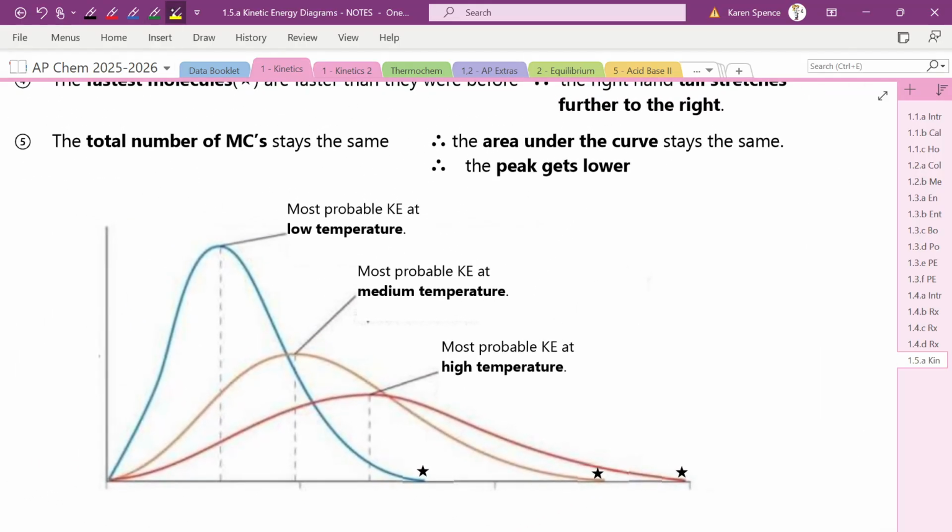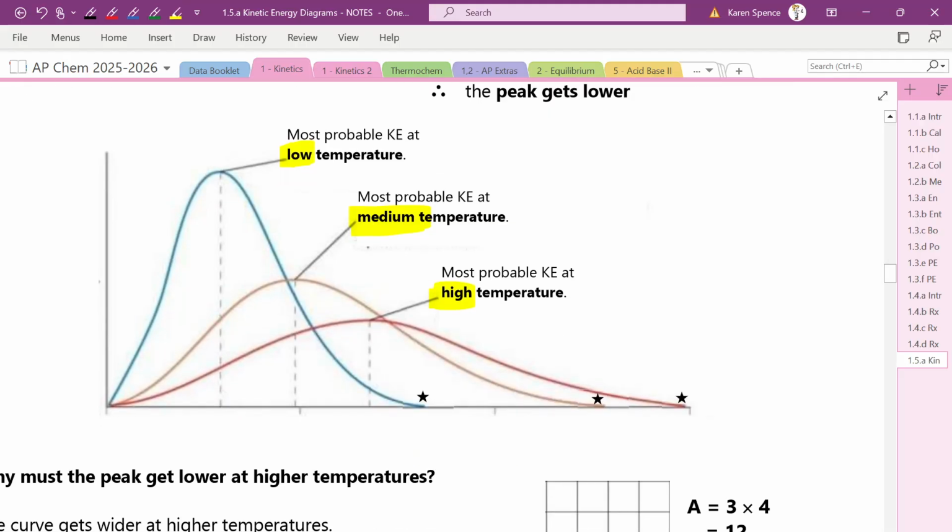So we have our low temperature, we have our medium temperature, and we have our high temperature. And although these actually touch zero, they shouldn't really be touching zero. This is our highest energy particles. What's the label on our x-axis?